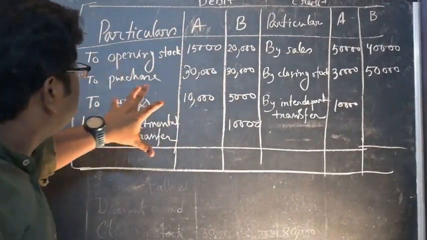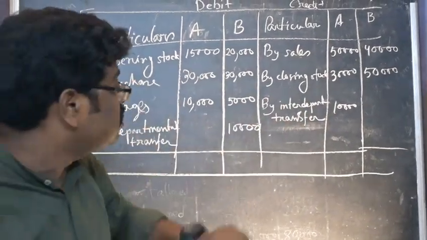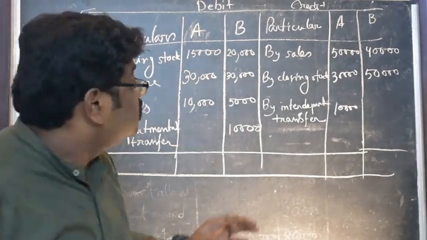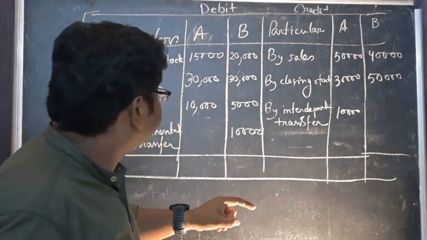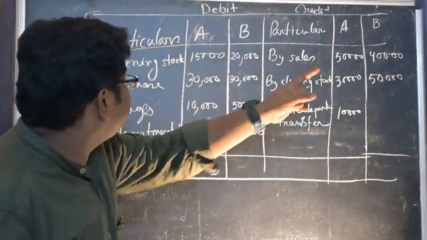Now look at this. This is the trading account. Now if you tally, you can find that 40,000 and 50,000 is 90,000.